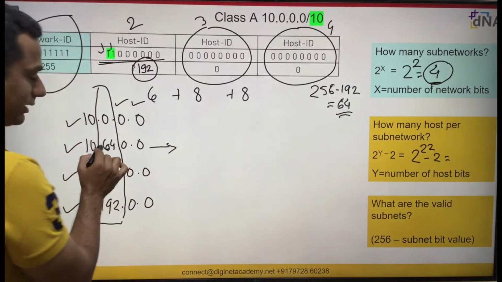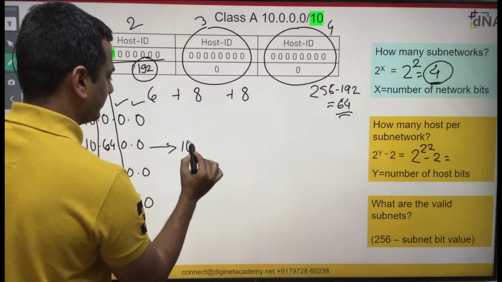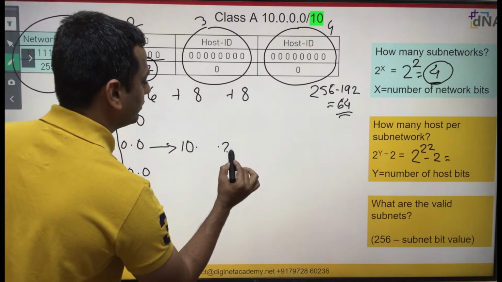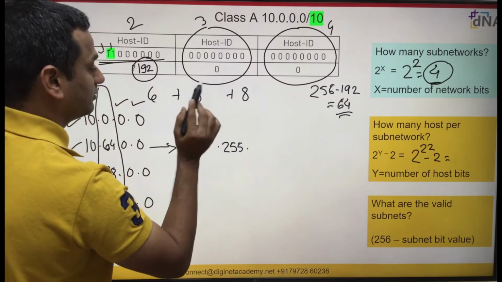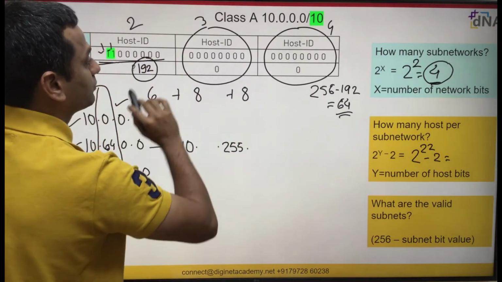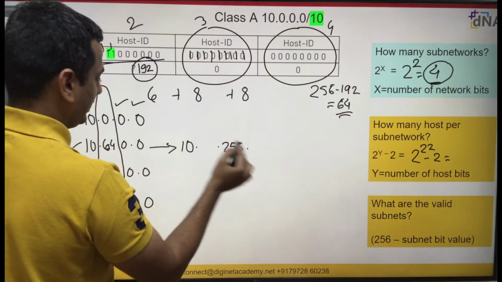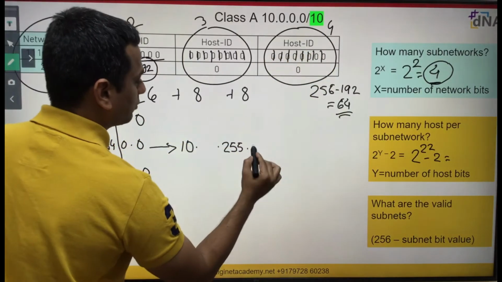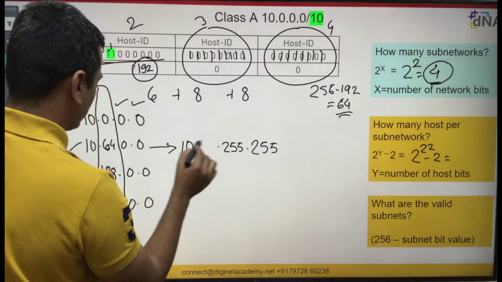Calculate the broadcast ID for this. So just note down 10, have a gap, then 255, because the entire third octet is my host portion. Host portion set to 1 means broadcast, so 255. Similarly, 1s mean broadcast, 255. Now just think about the second octet.